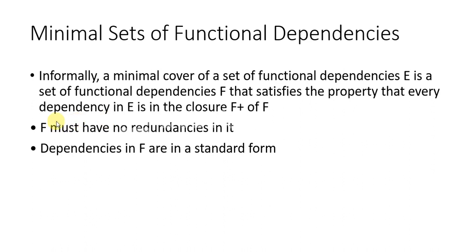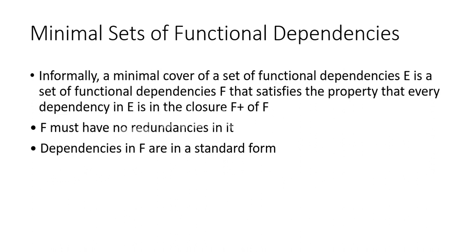F must have no redundancies in it. F will have a set of dependencies, that is a minimal cover, and it should not have any redundancies. Redundancy means the same dependency appears more than once. That is not allowed.